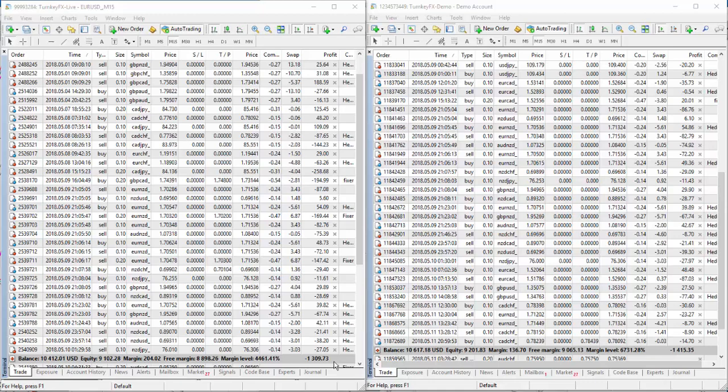I would like for you to take a good look right here at the negative PL for how the market actually closed. The market is now closed, and it's showing negative $1,309 in the profit and loss column of the open positions.